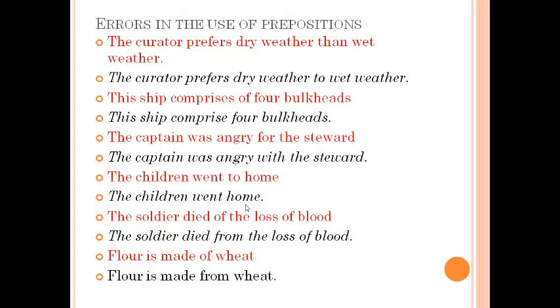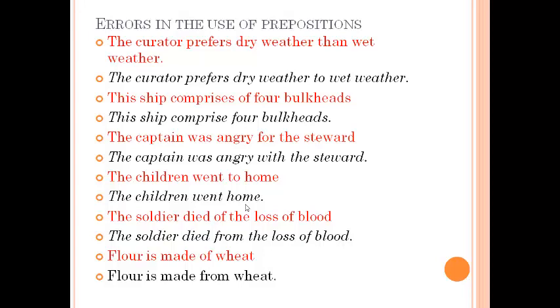A preposition of place, preposition of time, preposition of manner. Like this, we have different types of prepositions, and we discussed how to use them in our previous classes. But now, what are the errors related to prepositions that we are going to discuss in this session?